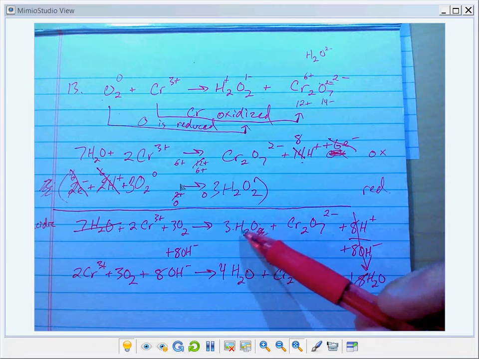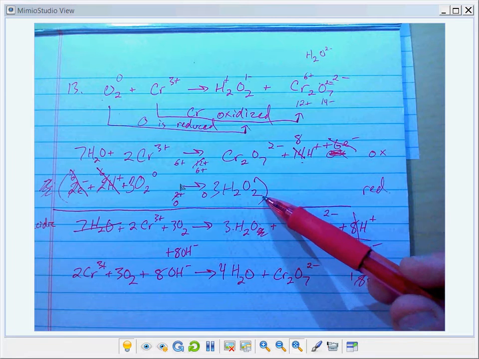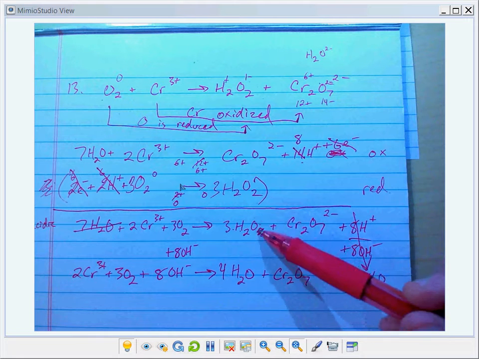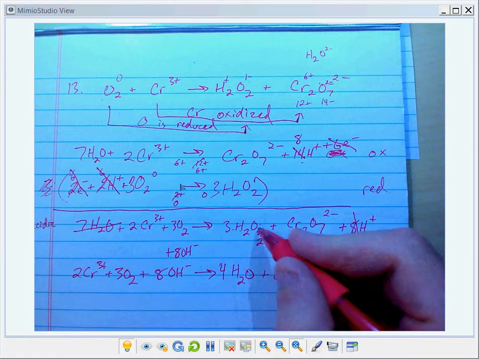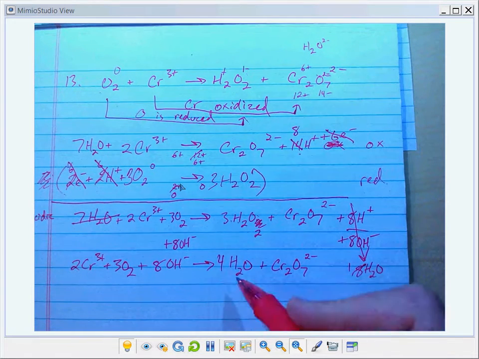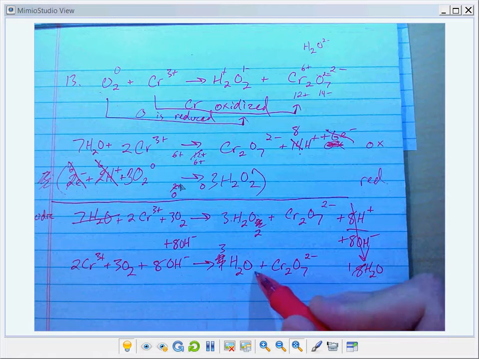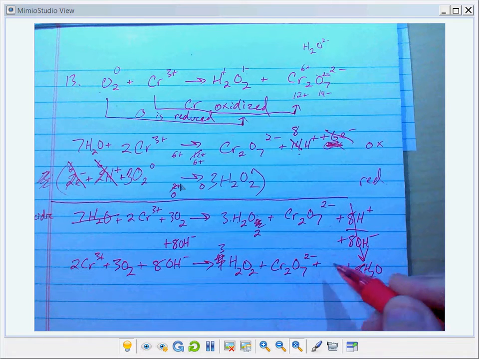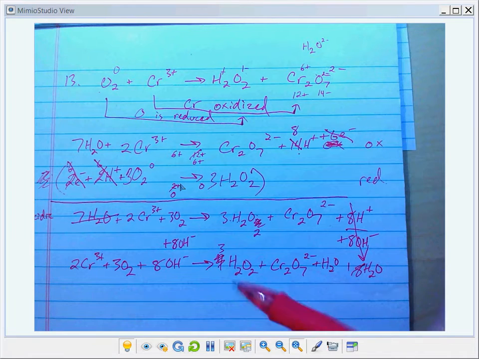Oh wait, no, I messed up here. That's 3, that's supposed to be a 2. That's not a water. I shouldn't have crossed out that 2. So that doesn't mean that's 4 waters. That's actually supposed to be 3 H2O2s plus the 1 water. By the way, I just caught myself there.